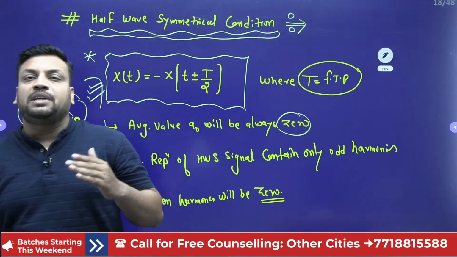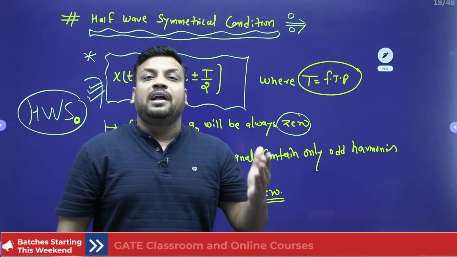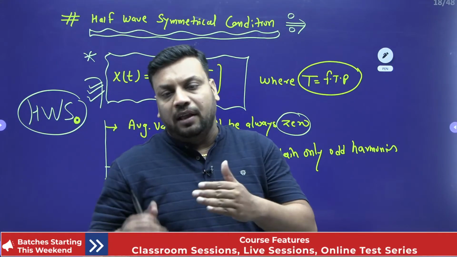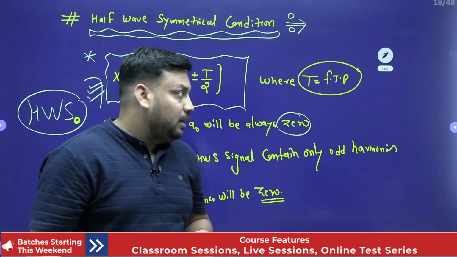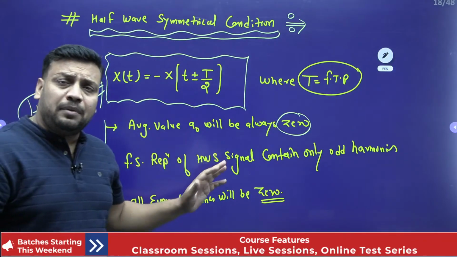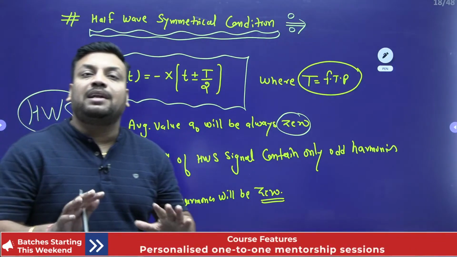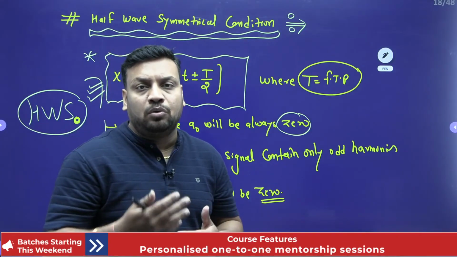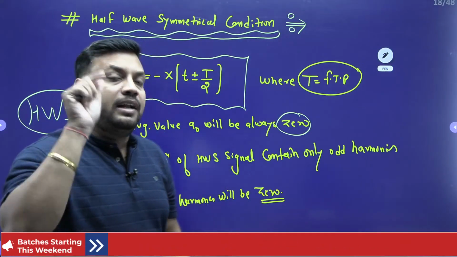Because sometimes a signal may satisfy a hidden symmetrical condition, and what the hidden symmetrical conditions are, I will explain after 15 to 20 minutes. But right now we will discuss what the actual symmetrical condition is and what modifications, if we make them, will satisfy the hidden symmetrical condition.